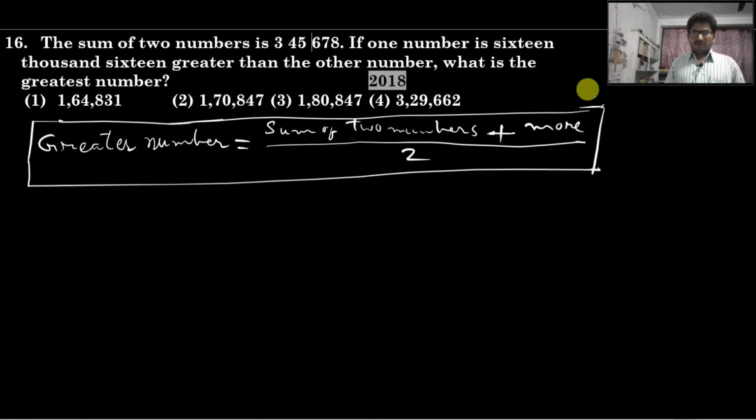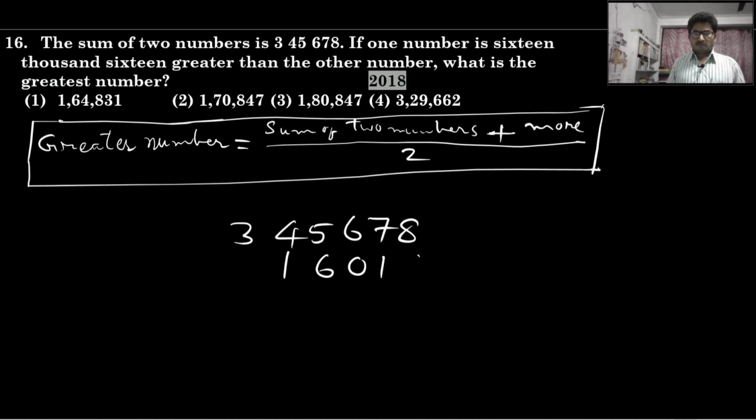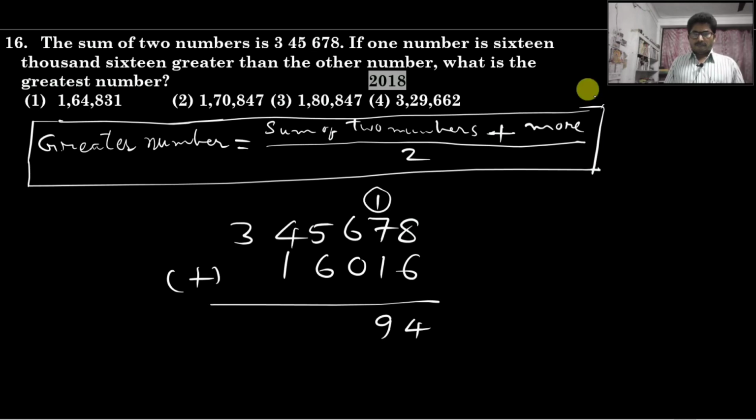First we have to add the sum 2,45,678 and the difference 16,016. We have to add these, which gives 2,61,694.